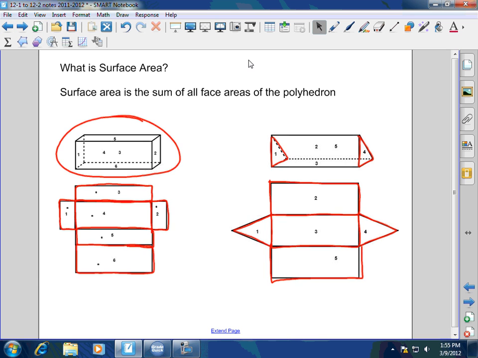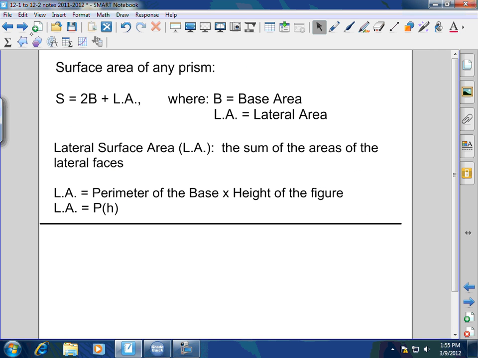Let me show you how to work with it efficiently. Surface area, my friends, of any prism, is 2B plus LA, where B is the base area and LA is the lateral area. Two ways to find lateral area. You can add up all the areas of the lateral faces, and that will be your lateral area.